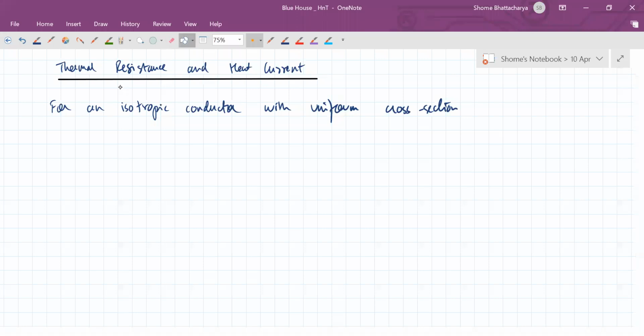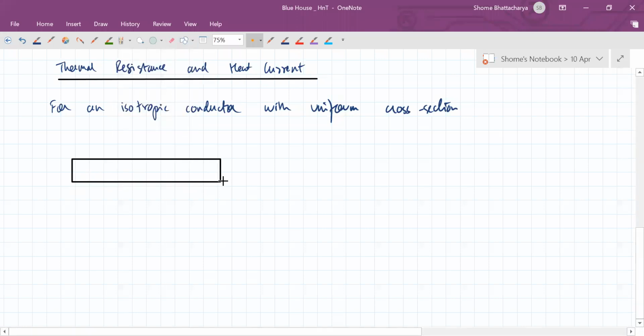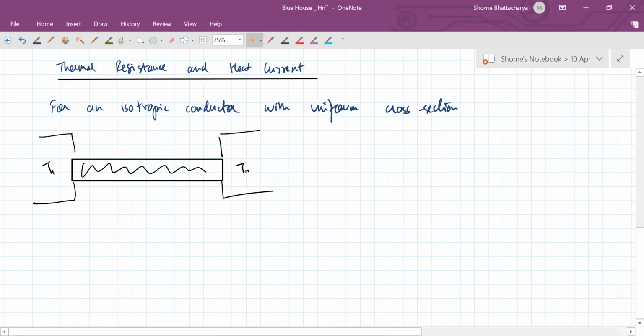we had seen that at steady state, if we subject it to a temperature difference across the ends, then at steady state there is heat conduction that happens in such a way that the rate of conduction delta Q by delta T is equal to Ka by L into temperature difference.